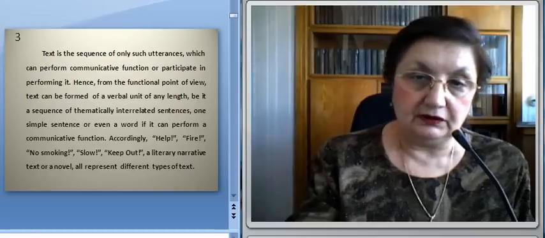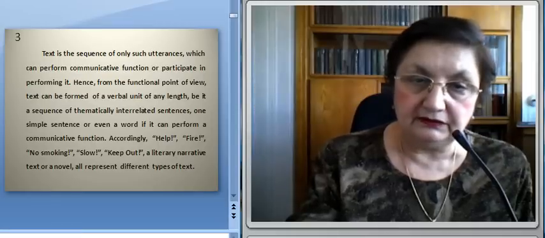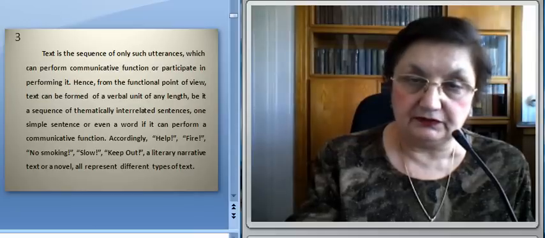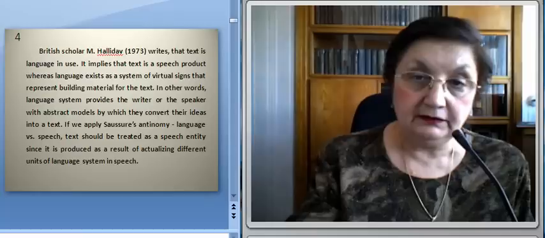Accordingly, "help," "fire," "no smoking," "slow," "keep out," a literary narrative text, or a novel all represent different types of texts. British scholar Michael Halliday writes that text is language in use.